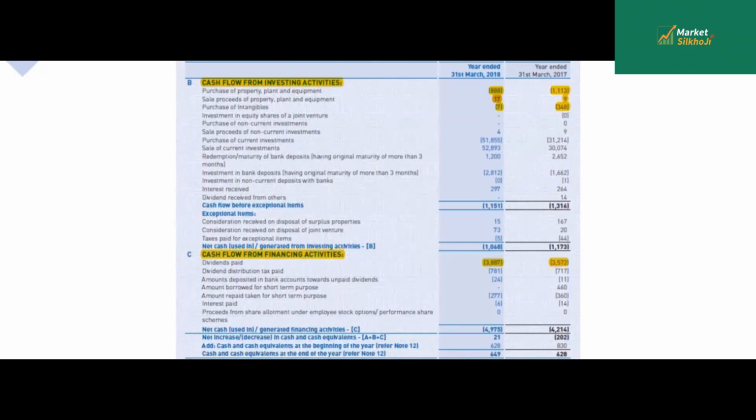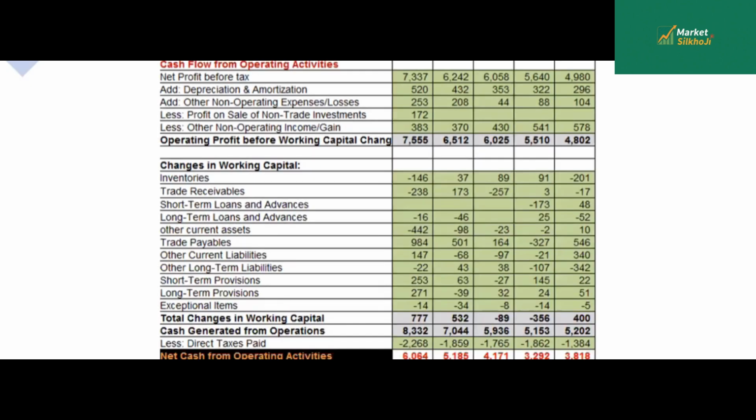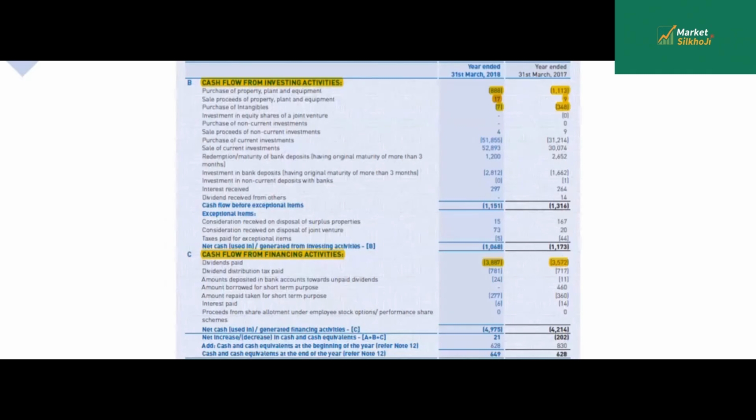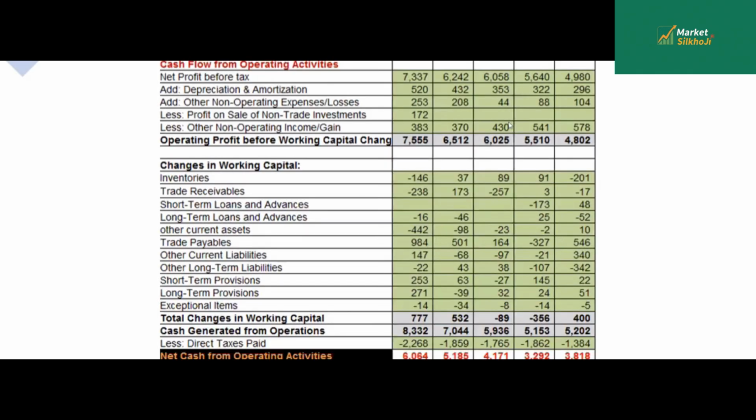That money is received by the shareholders. So that is how they are utilizing it. These are the three activities: operating, investing, and financing. But again, this is not analysis, this is just reading the numbers. If you look at 5 years of data here, each year cash flows are positive. Generally, whenever we are looking at a business, this is the kind of business we like: positive cash flows.